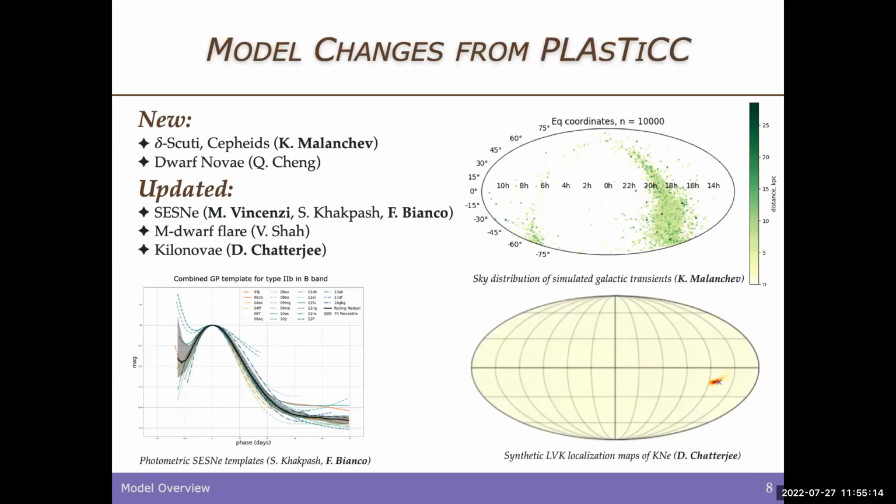So I was just wondering how exactly it's been updated. Has it been implemented in the current release data? Yeah, that's a great question. If I'm not mistaken, both the updated Vincenzi models that take into consideration host galaxy extinction and your photometric models have both been integrated into the latest iteration of the ELAsTiCC simulations.